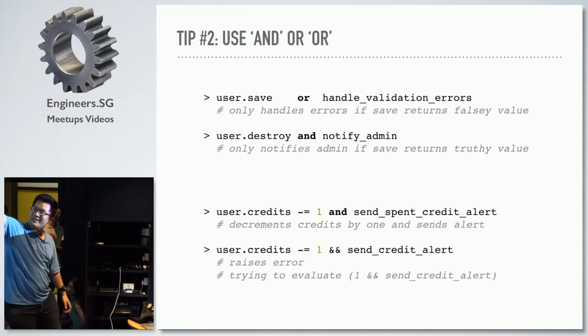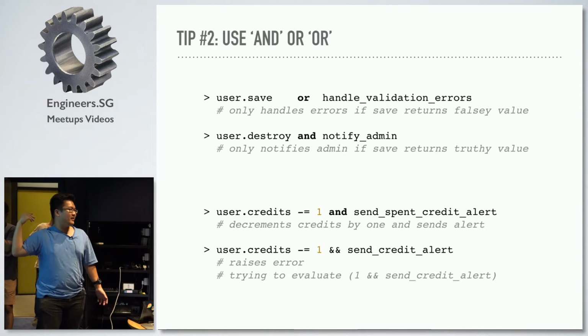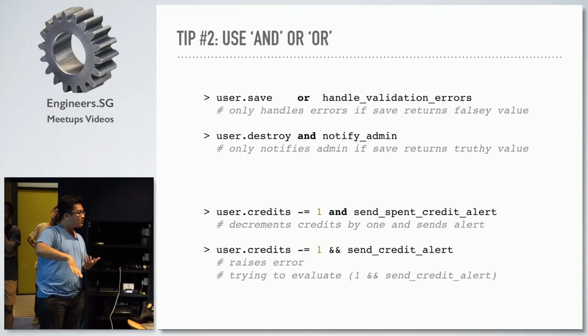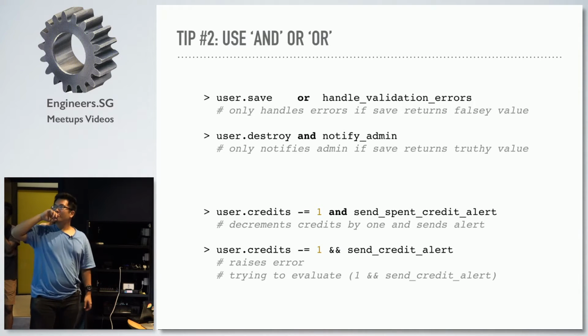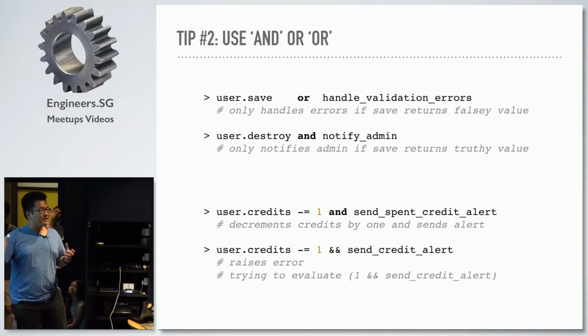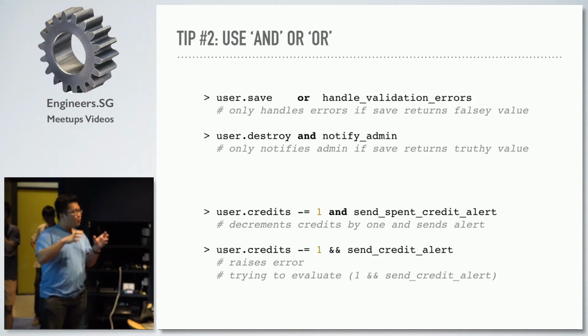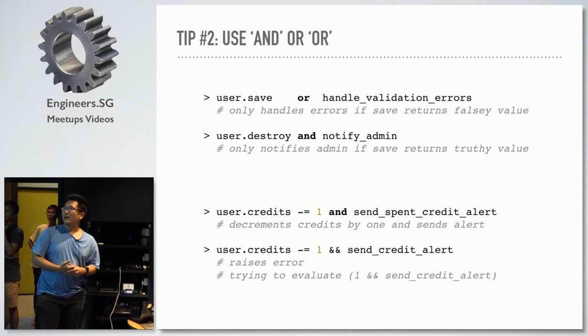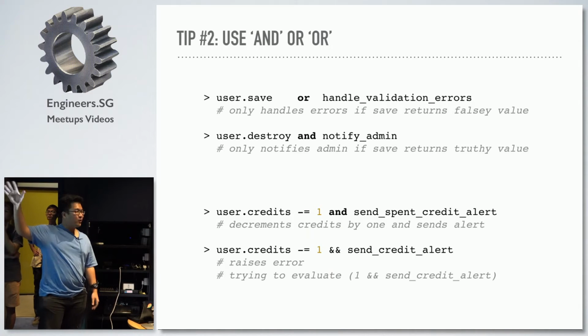So long as the first side is true, you don't have to evaluate the second side. And the same is true for an AND statement. If the first side is false, you don't have to evaluate the second side. So in this way, you can control what gets executed on condition of something else executing successfully. So this is when you would use an AND or OR statement.